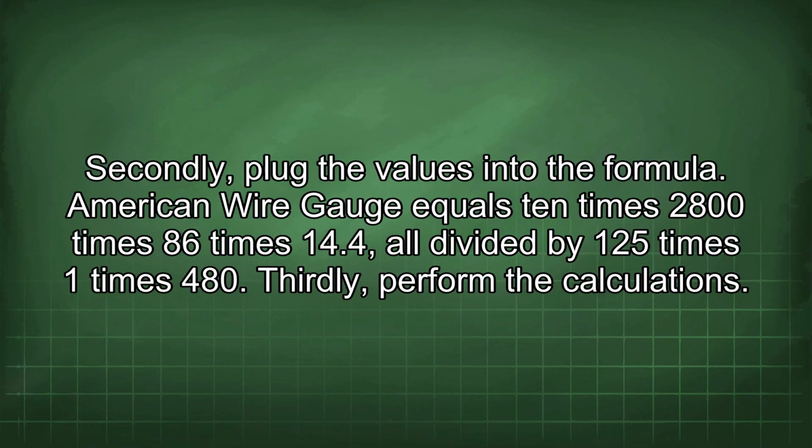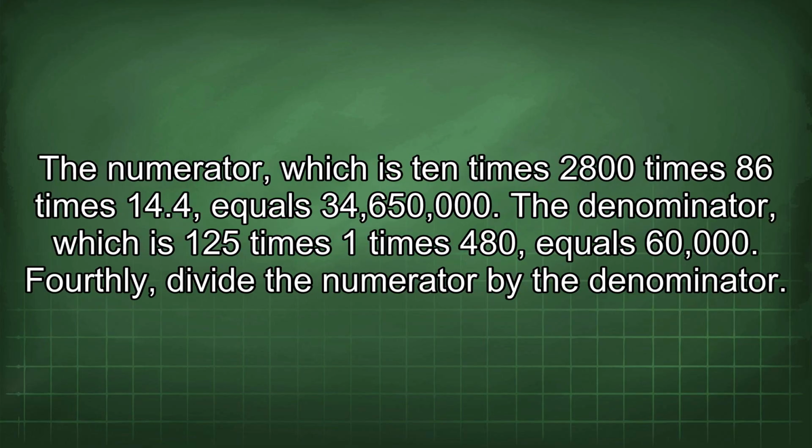Secondly, plug the values into the formula. American wire gauge equals 10 times 2800 times 86 times 14.4, all divided by 125 times 1 times 480. Thirdly, perform the calculations. The numerator, which is 10 times 2800 times 86 times 14.4, equals 34,650,000.